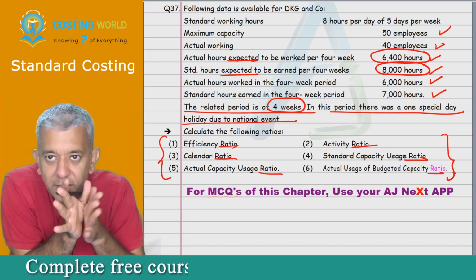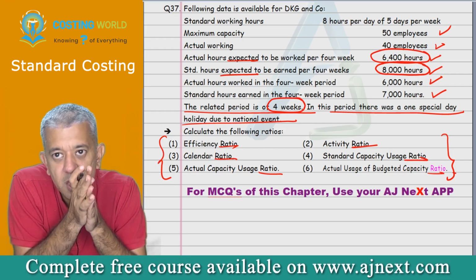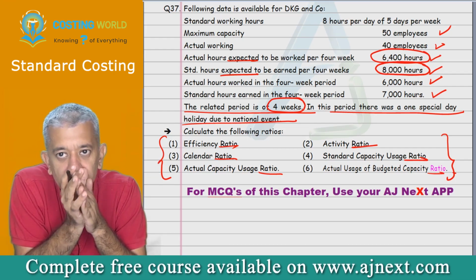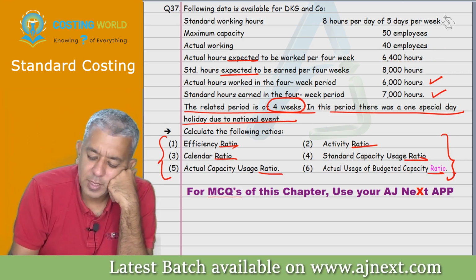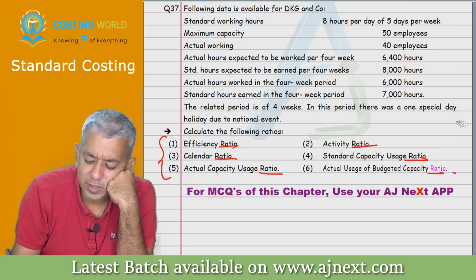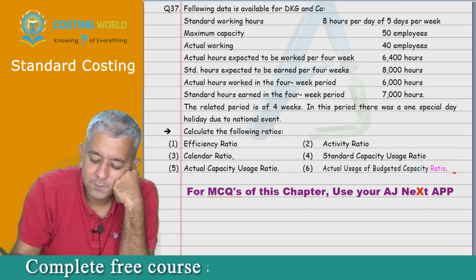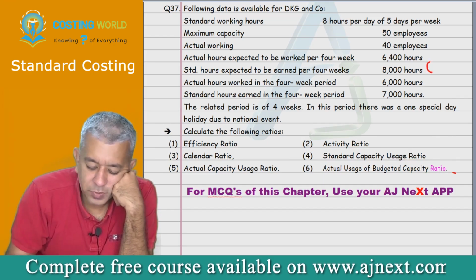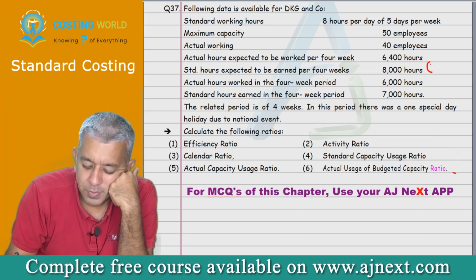Just check it on your calculator. 8,000 would have come as 8 hours into 5 days into 50 employees for 4 weeks. Correct. So, against 8,000, these are standard hours expected to be earned per 4 weeks.